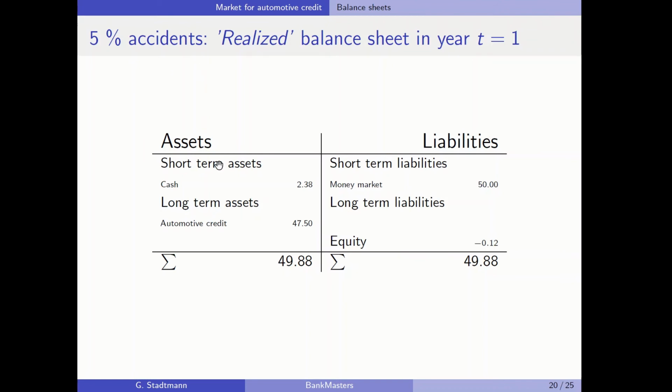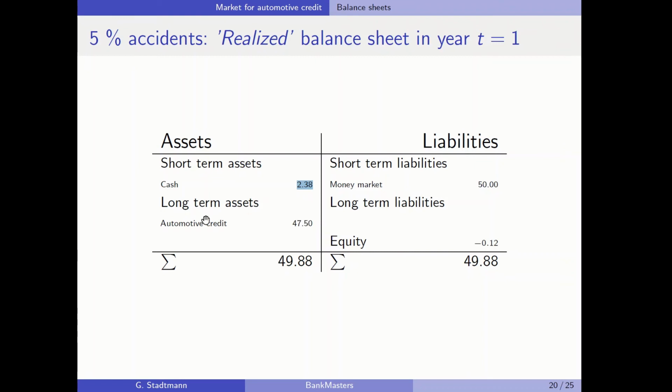It will be the case that we have to write off automotive credit here. It will not be 50 anymore, but we have to write off 5% of our loans because they are non-performing. Furthermore, the cash inflow is lower than before, because when our customers die in a car accident, they are unable to pay the interest on this automotive credit.